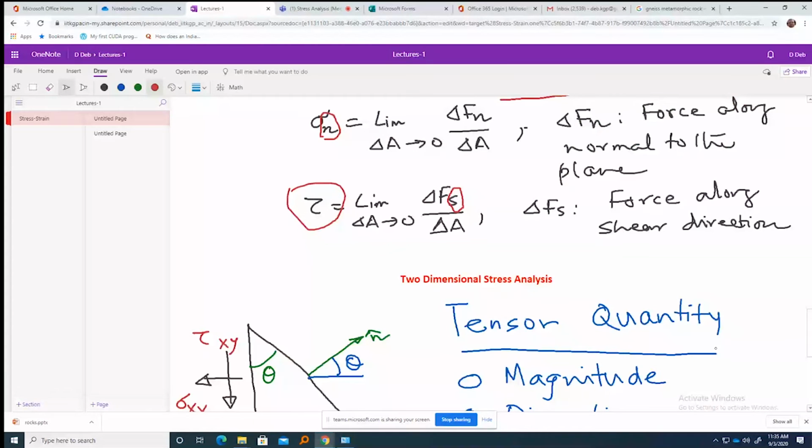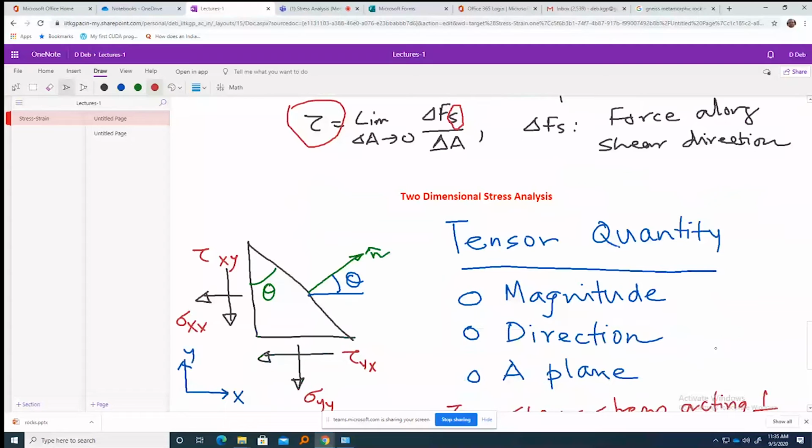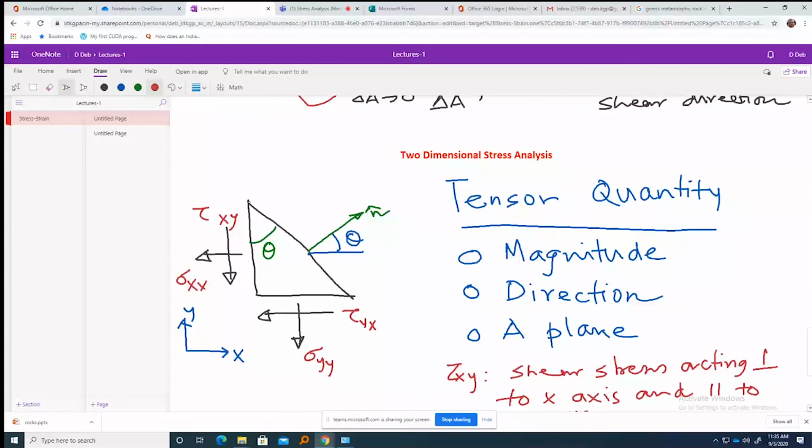Now in 2D, what we have here is, let's say this is a plane, and the third plane is perpendicular to this screen.